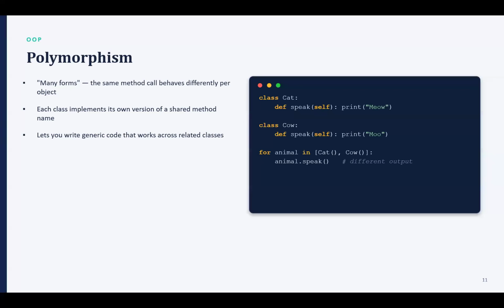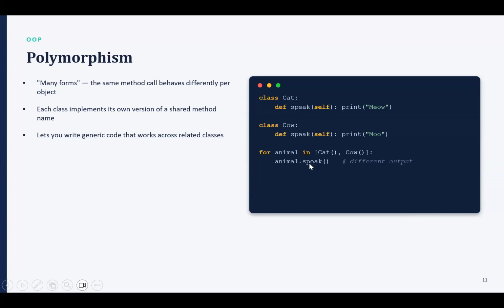Then comes polymorphism. Polymorphism is actually inheriting the character of multiple classes. You can see I have a class Cat, I have a class Cow, and for animal in cat and cow, animal dot speak.